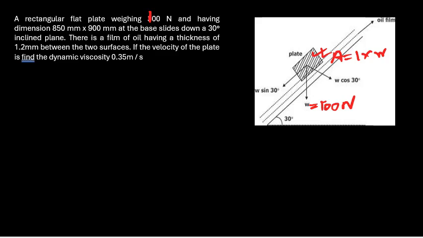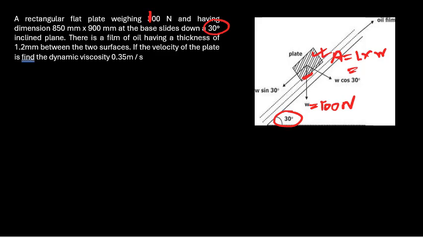The sliding angle of 30 degrees is given, and there is a film of thickness 1.2 millimeter between the two surfaces. The velocity of the plate and the fluid's dynamic viscosity are also given.